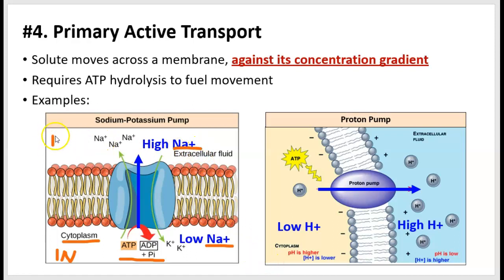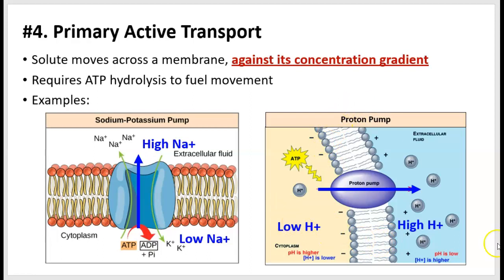So no matter how much sodium is sitting out here, more can still be pumped. This is very helpful for cells that want to store something, or they want to get rid of something, either way.